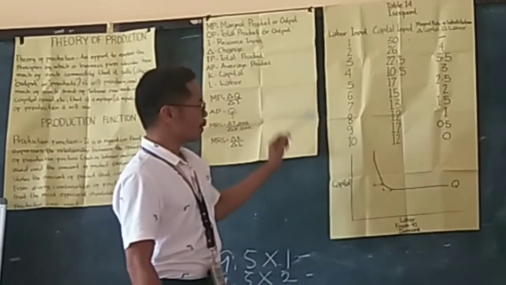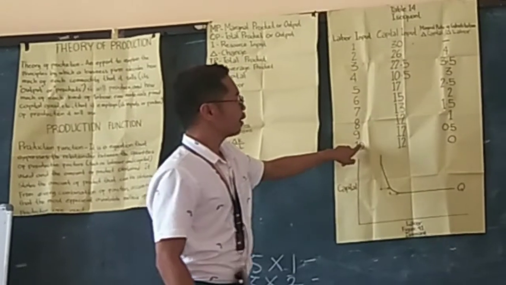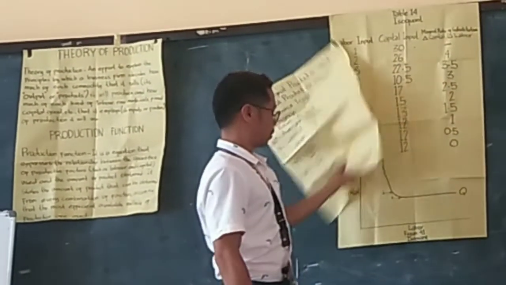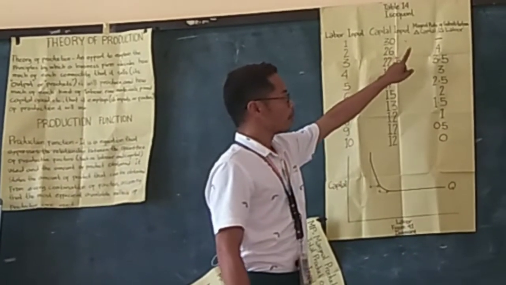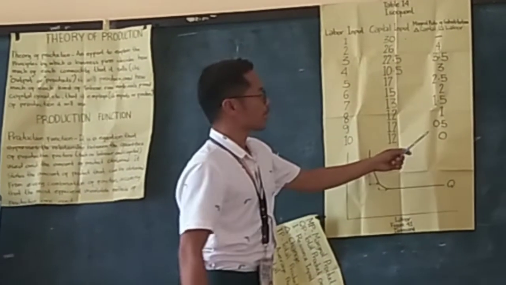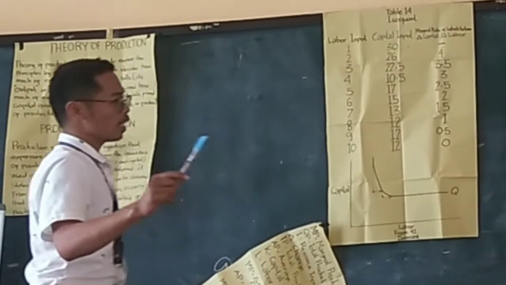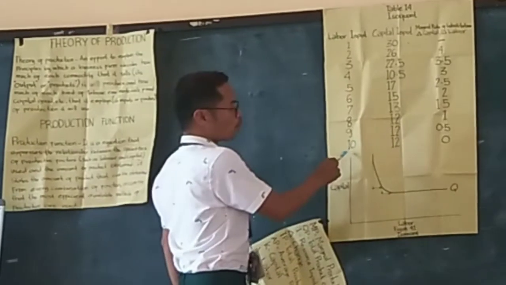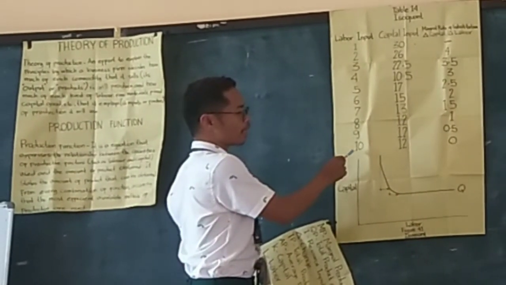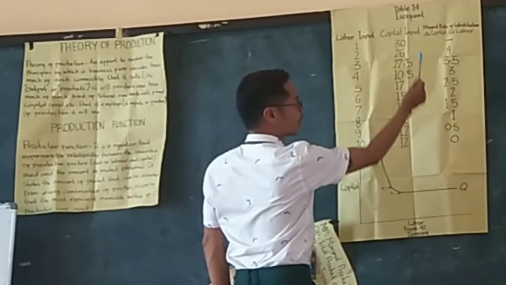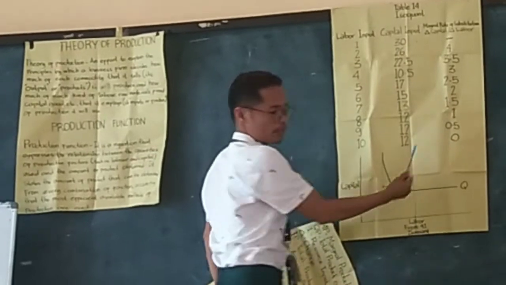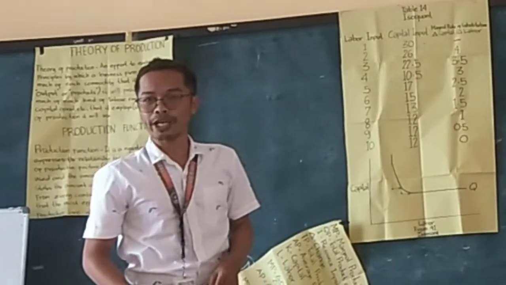If i-compare mo naman siya dito, mayroong 10, nakapag-produce siya ng 12. And then yung marginal rate of substitution niya is 0 na. So, always take note, once na mas marami yung labor input mo, ang marginal rate of substitution mo, bumababa din po yan.